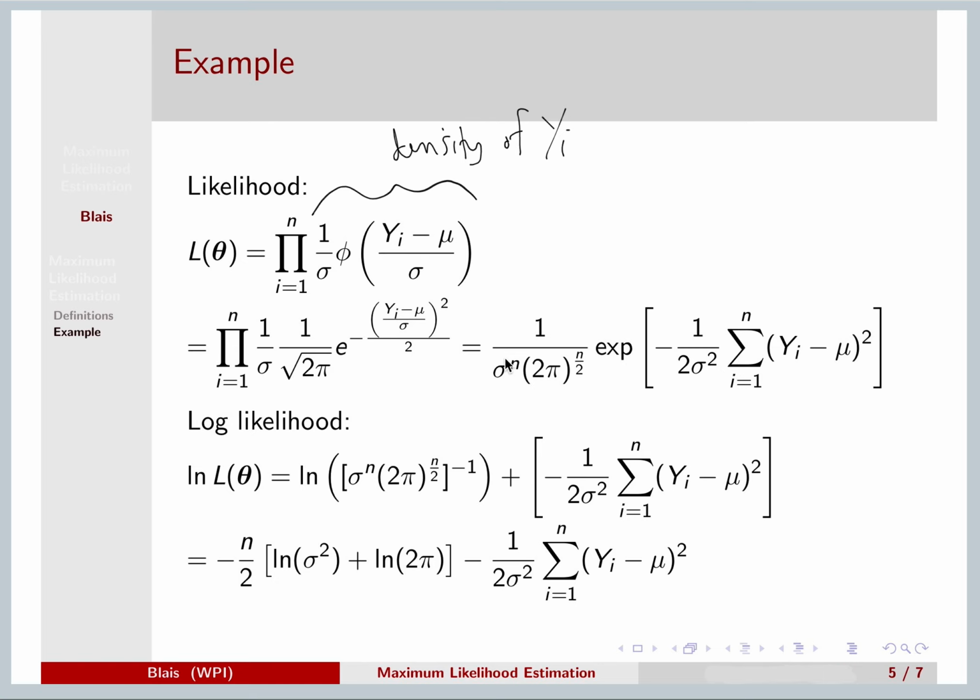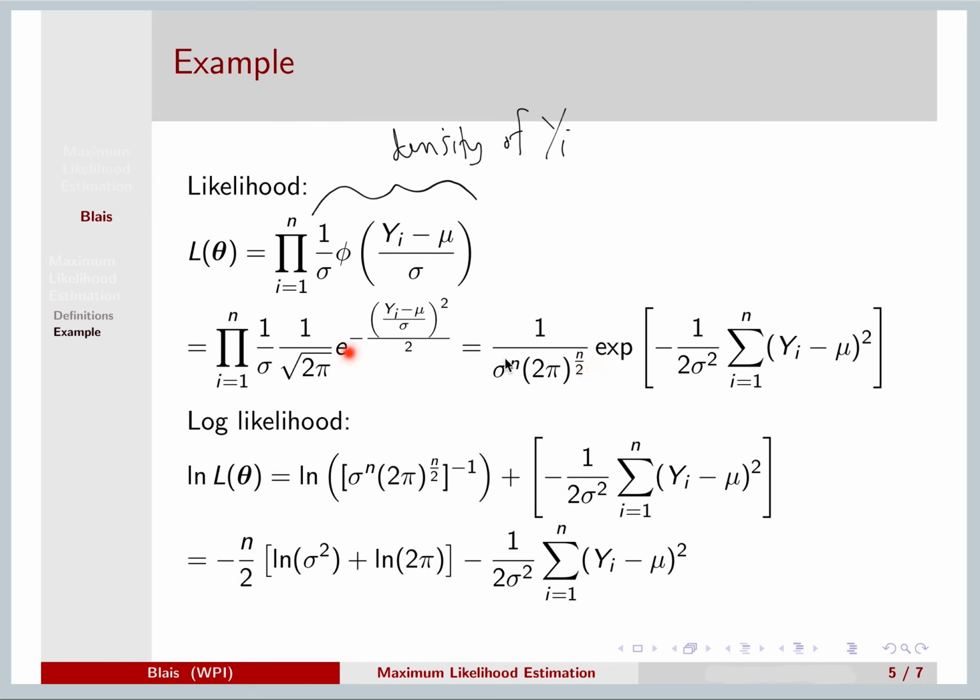And again, our unknowns are sigma and mu. So if we simplify this, we plug in to the standard normal density, and here is our expression for the density for yi. And we start to simplify this. First, you have n products of this term out front, so that gives us a sigma to the n and a root 2 pi to the n.